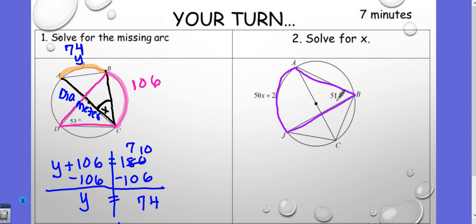We know that 51 should equal 2 of this out here. So we're going to say that since this is an inscribed angle, 2 times 51 should equal 50x plus 2.